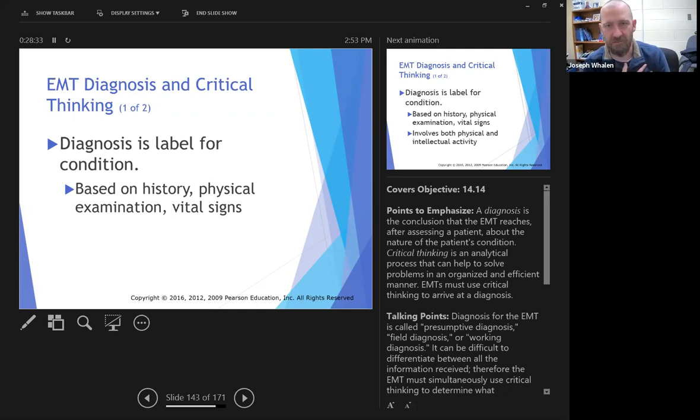It hurts. Sometimes it radiates. Sometimes they have trouble breathing. A lot of times they'll clutch their chest. Or the pain is sharp, dull, crushing. Those things all fit into the patterns of chest pain. And so we're going to start to recognize some patterns, and then those patterns can lead us down the path to the correct diagnosis.